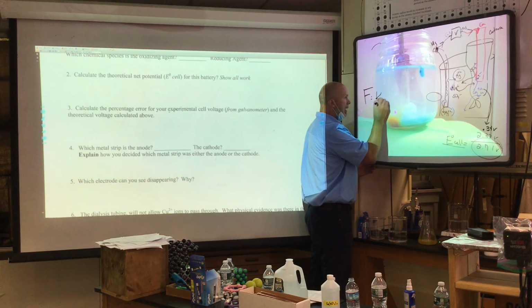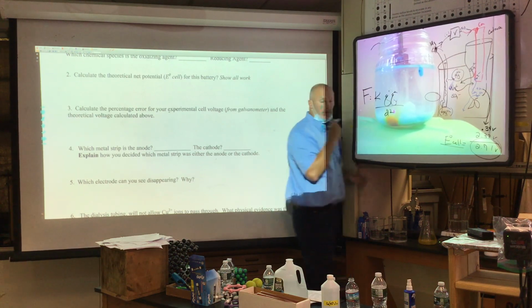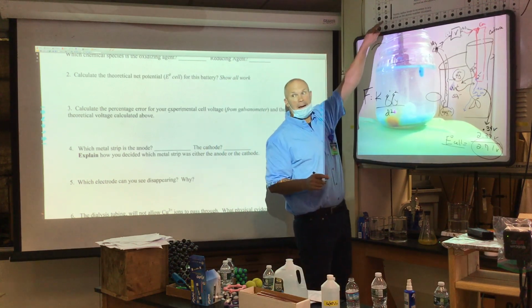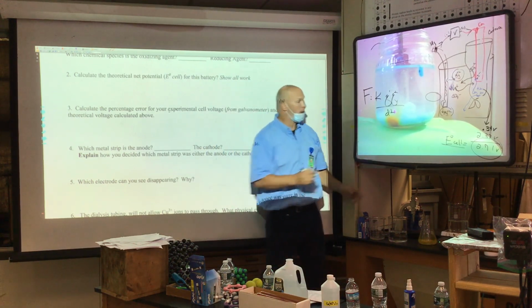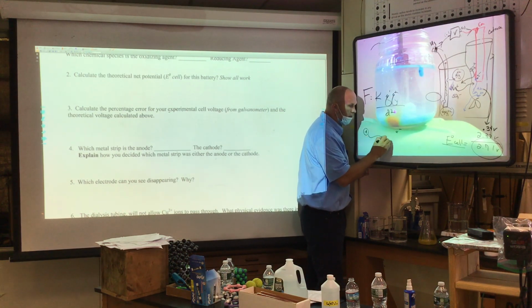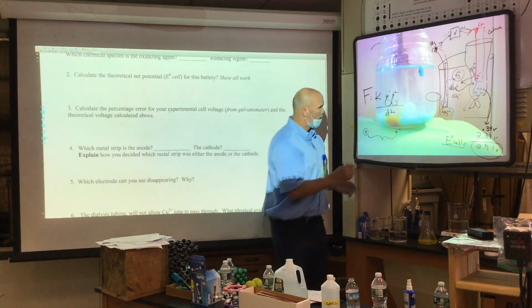Force equals K, Q1, Q2 over D squared. What is that? Coulomb's law. Magnesium is a big atom. Electrons are physically, here are the protons, electrons are physically farther away. Their distance is what?